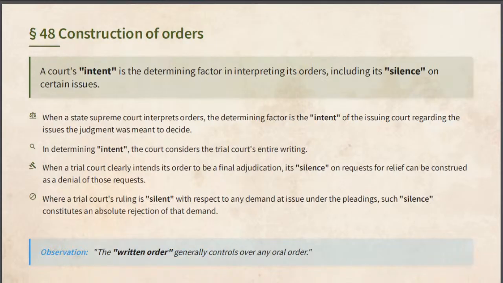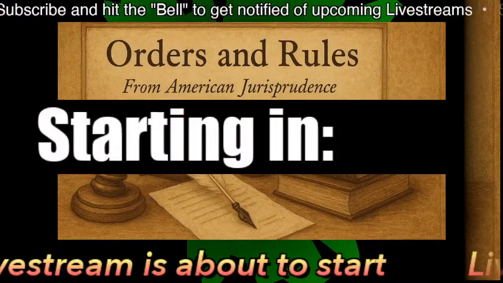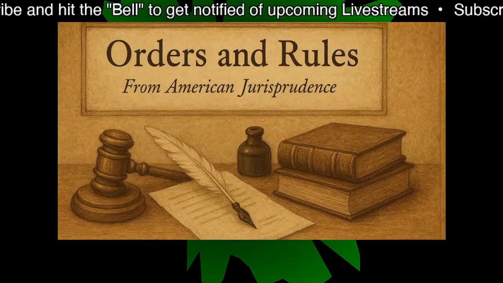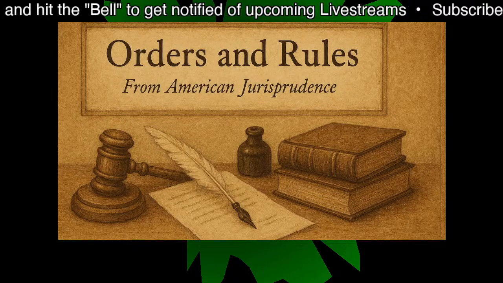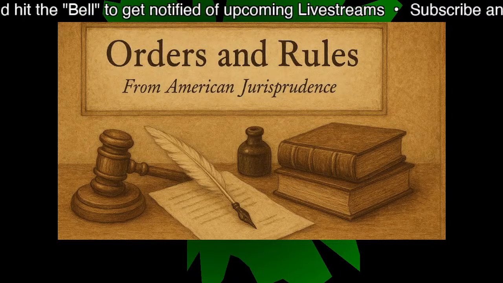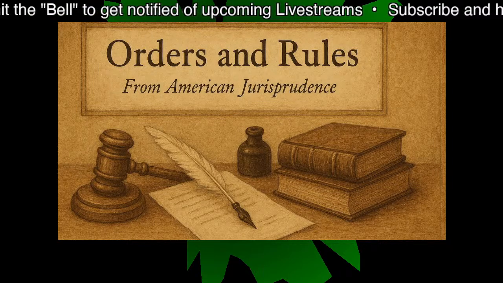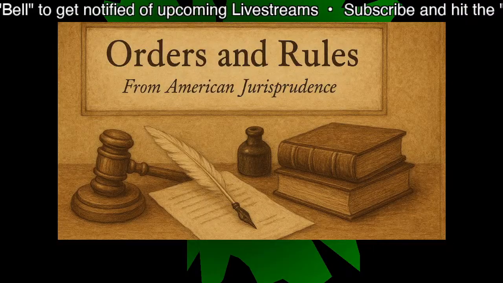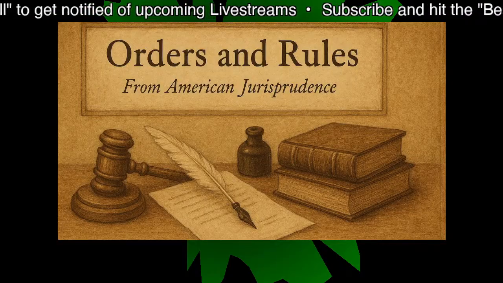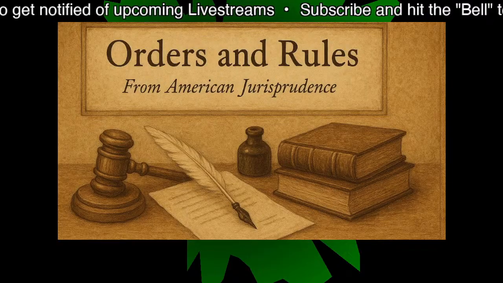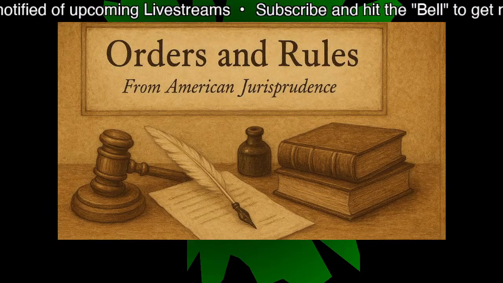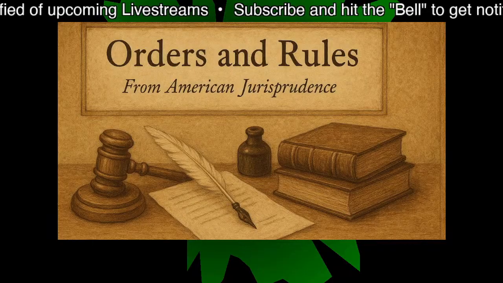That brings us to the end of this presentation of orders and rules, and takes us actually to the end of this whole section of American jurisprudence, which is motions, orders, and rules. And it gives us a really good foundation of how these all fit together and the way we access the courts at all levels. As very basic functions, as we learned, I guess most importantly, the orders are the way that the court speaks.